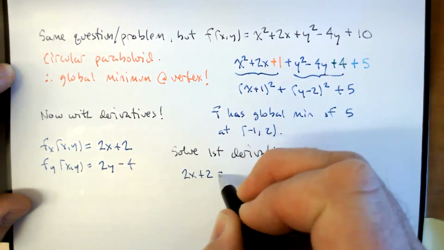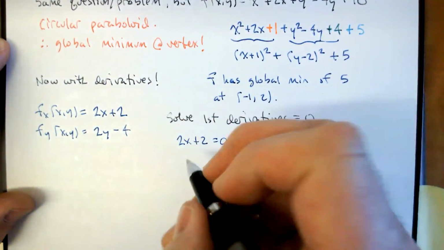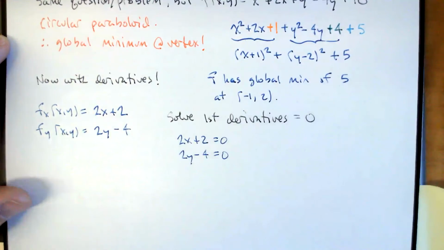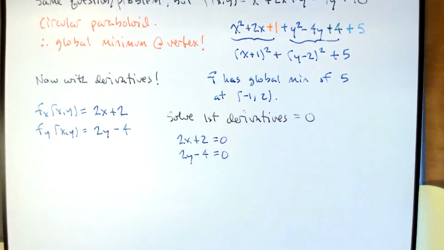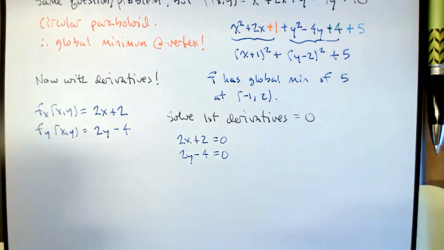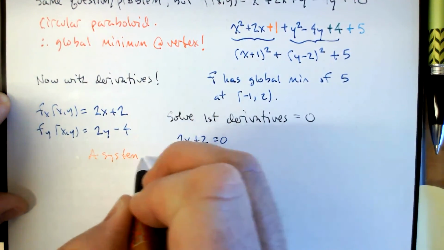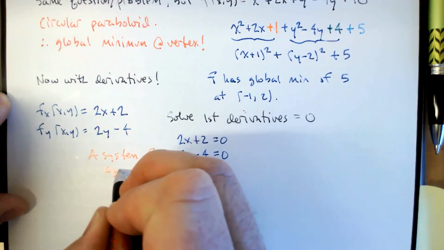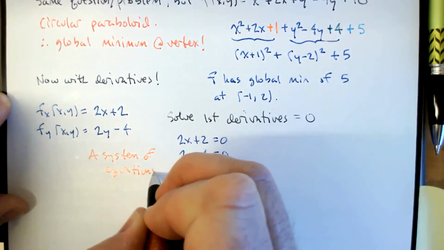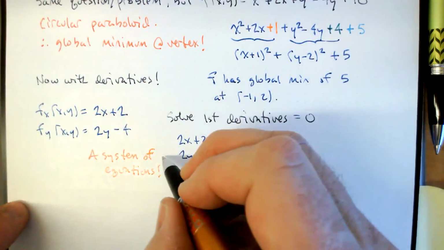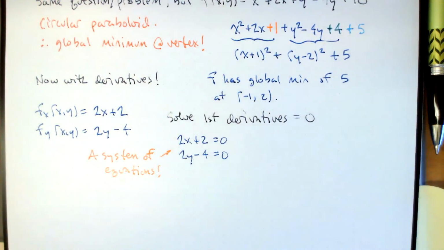That'll produce a system of equations. 2x plus 2 equals 0. And 2y minus 4 equals 0. Rather than getting one equation, we end up with 2 equations.